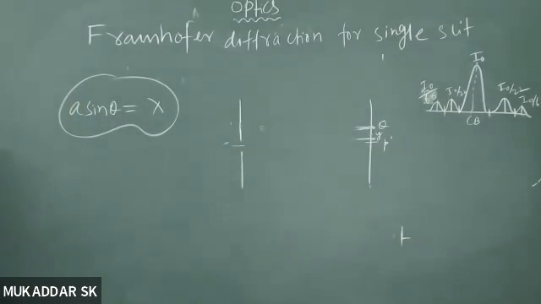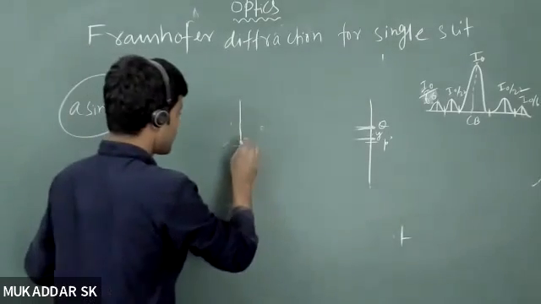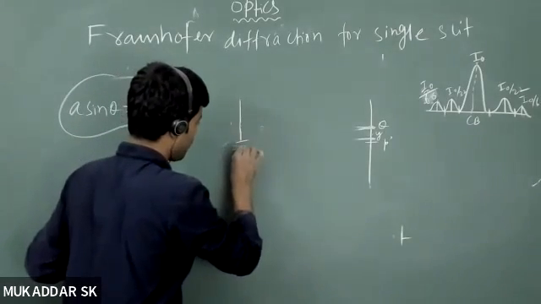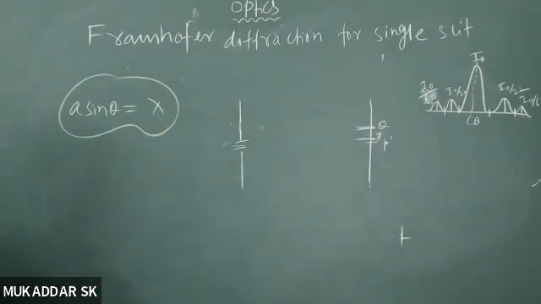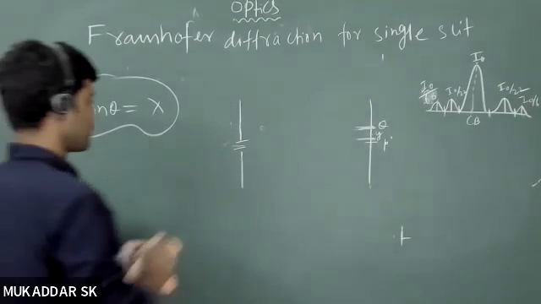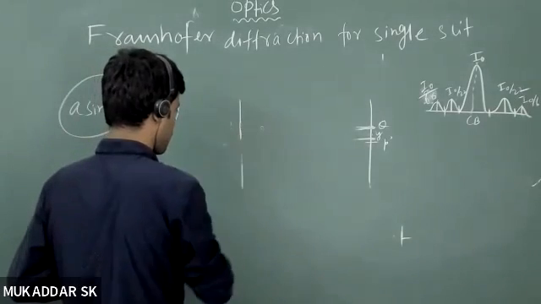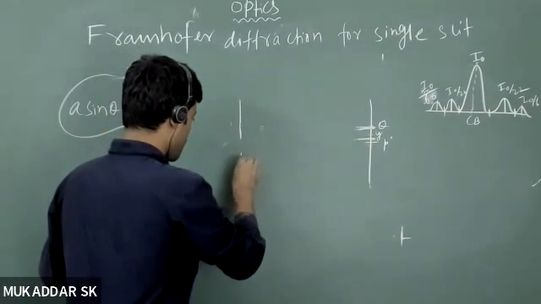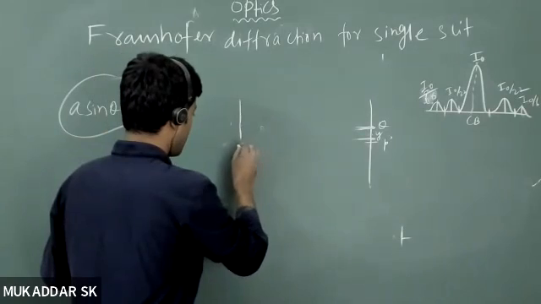ठीक है, अब जरा ये बताओ कि रे नंबर 1 और रे नंबर 50 ऑन के बीच में पार्ट डिफरेंस कितना होगा? कितना होना चाहिए बताओ? What will be the path difference between ray number 1 and ray number 50?